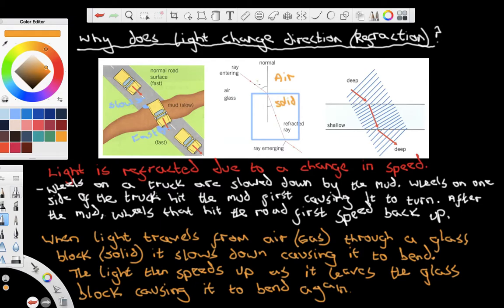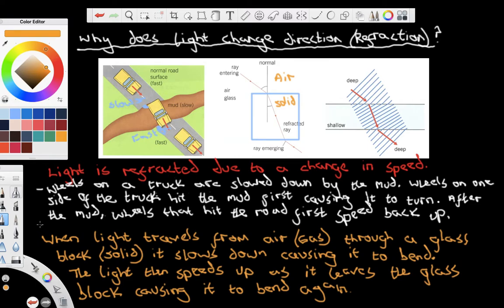So we're going from air into a solid. Okay? So the light hits the solid and slows down, exactly like our wheels in the mud. The light hits the solid, slows down and bends. When it then leaves the solid, it speeds up and returns back to its original speed, back to its original angle.